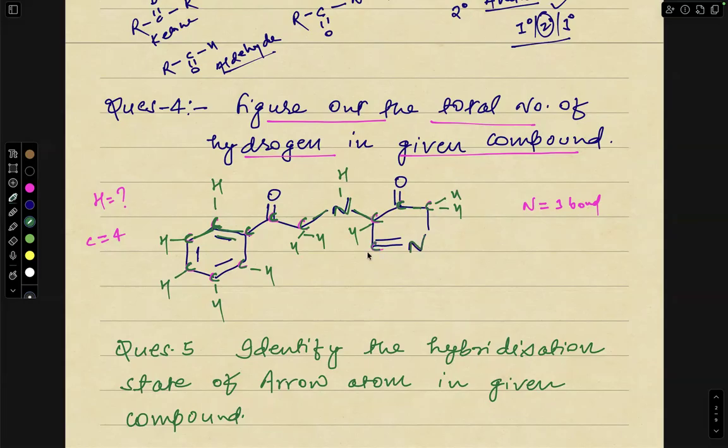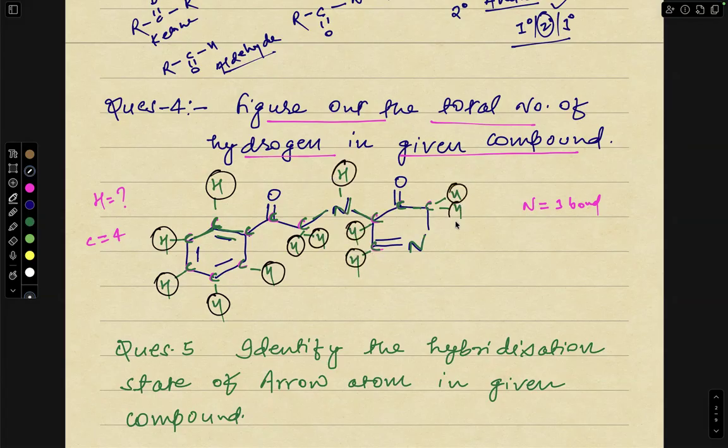And this carbon has three valency, so one more H. So total hydrogen how much? 1, 2, 3, 4, 5, 6, 7, 8, 9, 10, 11, 12. Okay, so we have 12 hydrogen.